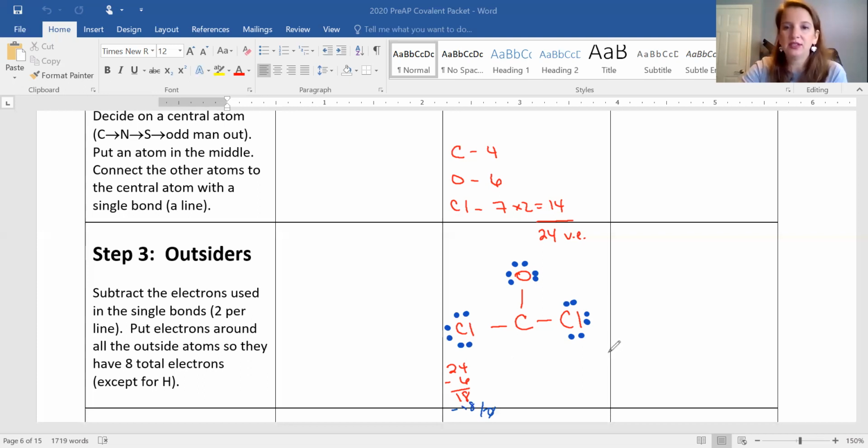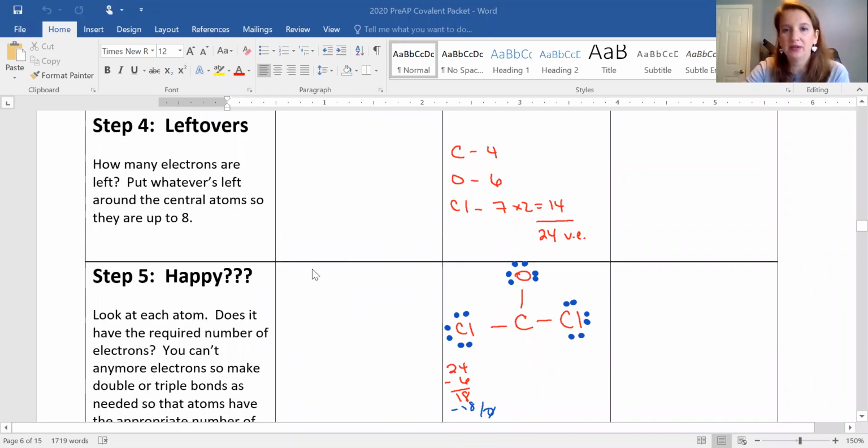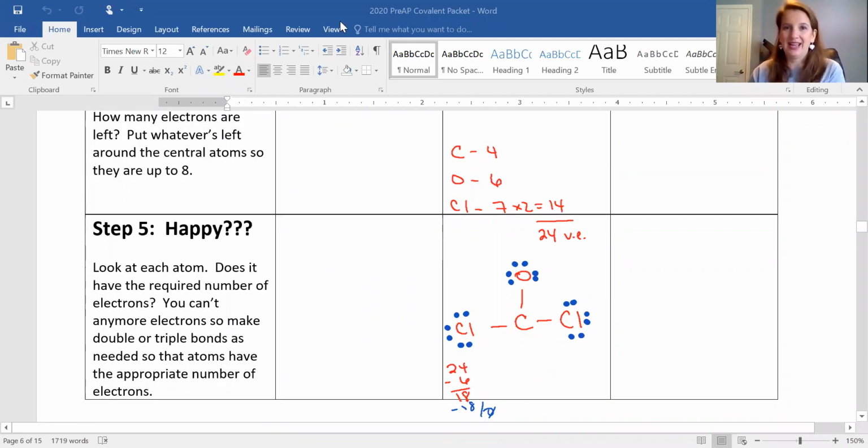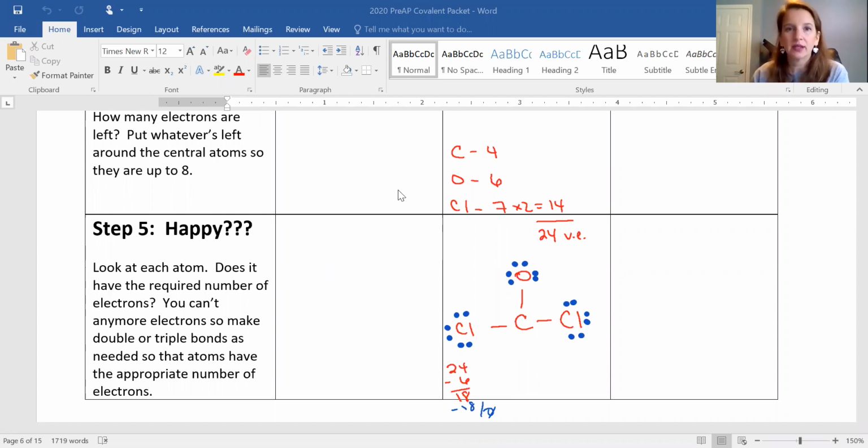So we have nothing for step 4, but don't forget the second most important step, step 5. Carbon is not happy, which means we have to make carbon happy. So can we do this? Hang on. Can we do this to make carbon happy? No, we had nothing left in our bucket.